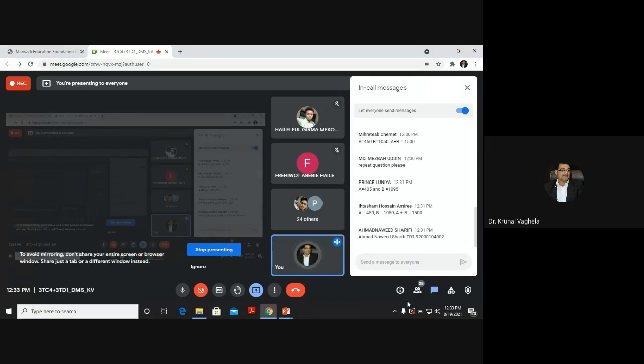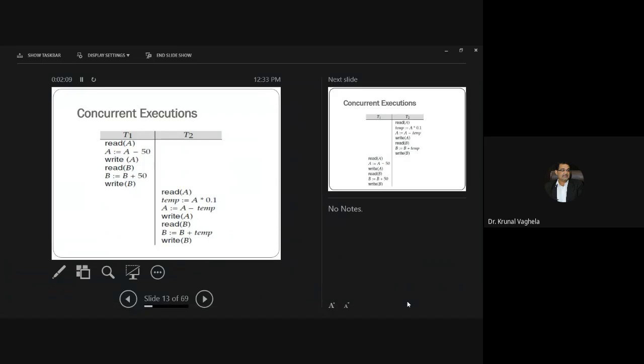See, let me tell you. So A's value is 500, so 10% will be deducted from A. So here A's value will be 450 and B's value will be 1050, right?